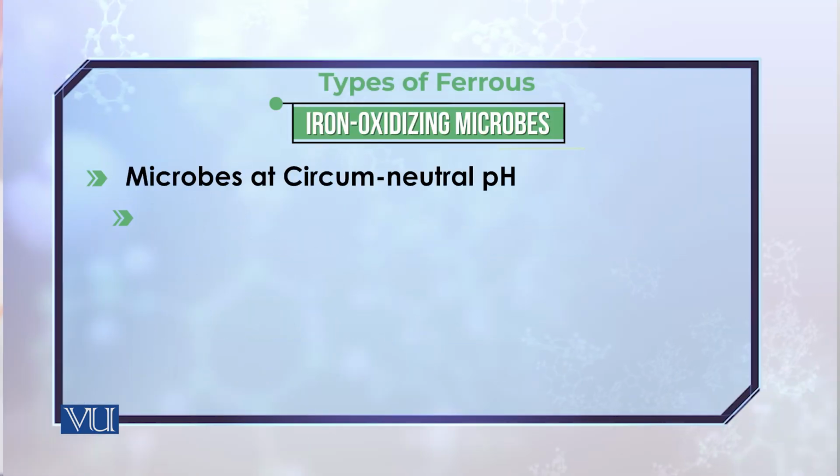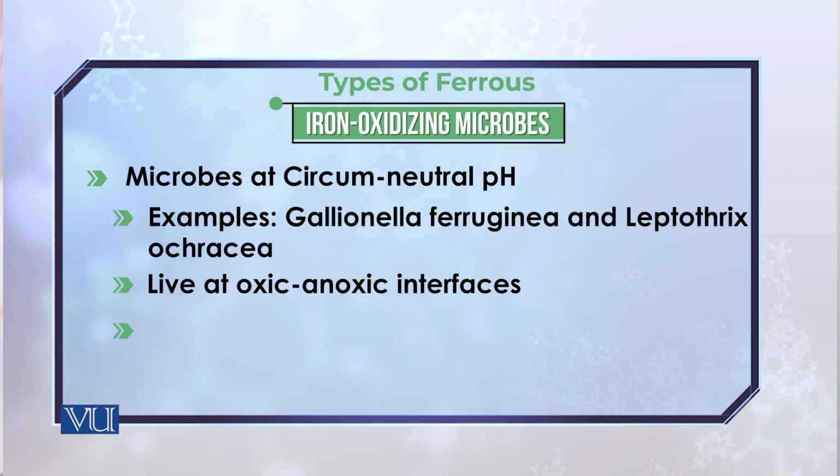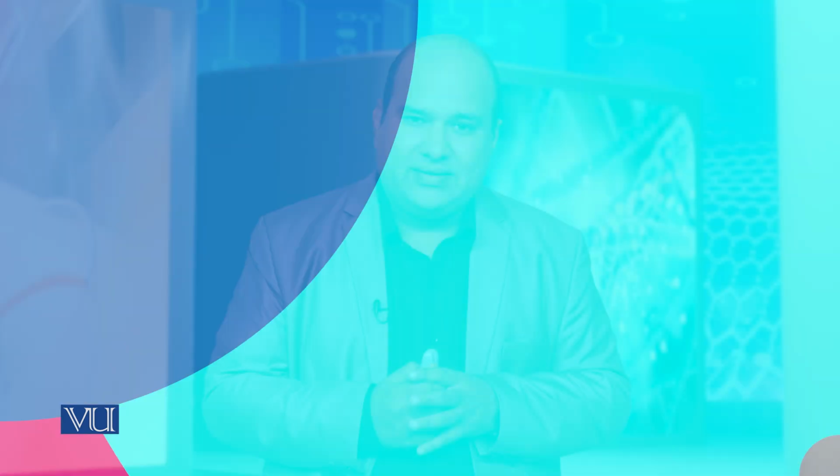Then there are also microbes at circumneutral pH. That is, they live at a pH which is close to neutral. This is not very acidic, neither very basic. Examples are Gallionella and Leptothrix.